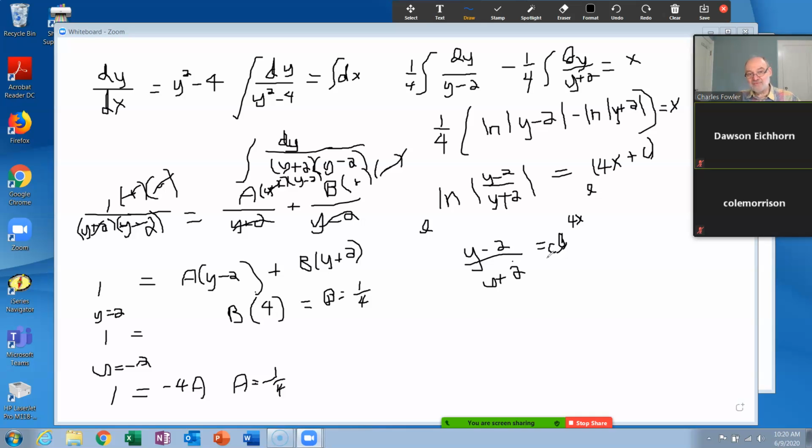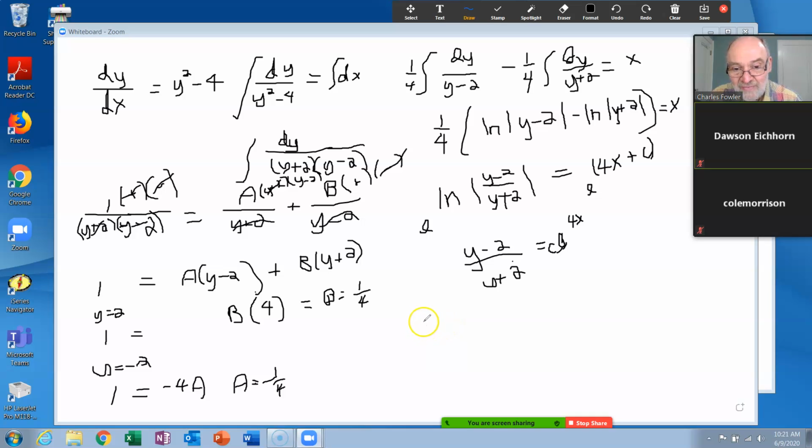Now, that's still not the answer they have in the book. The reason they want to write it as a function of y, explicitly as a function of y, and these y's are not explicit. They're combined. So here's what we're going to do.